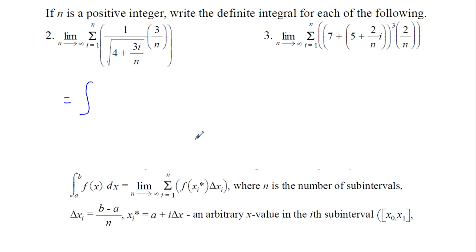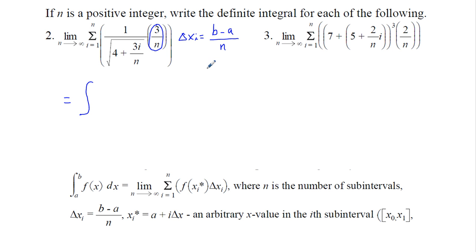And the first thing I'm going to look at is this thing right here. Okay, this thing is going to be equivalent to our delta x sub i, which is equal to b minus a over n.